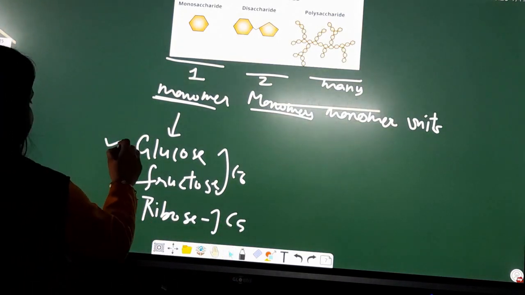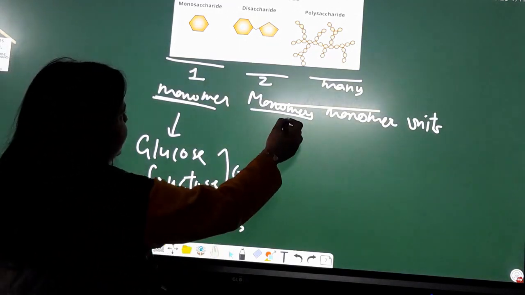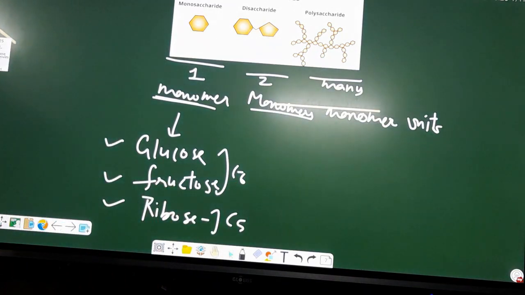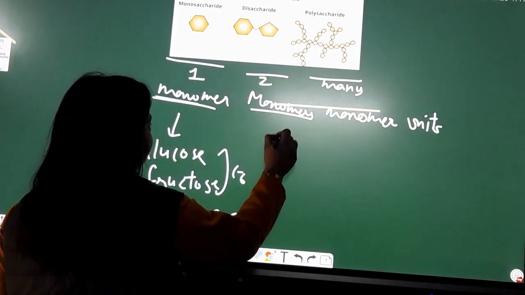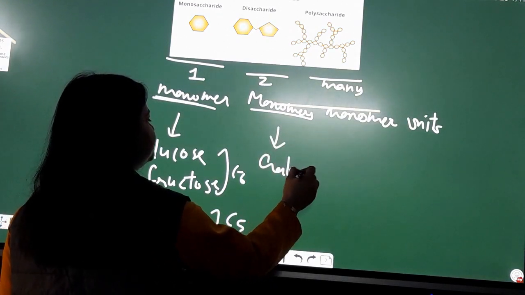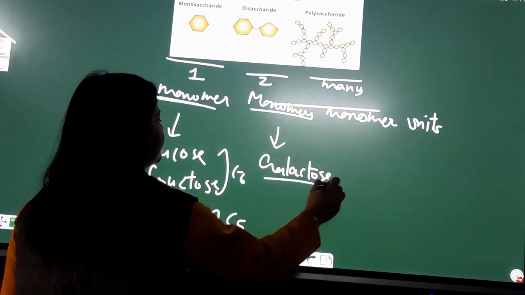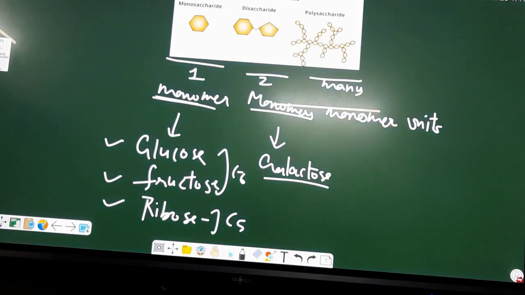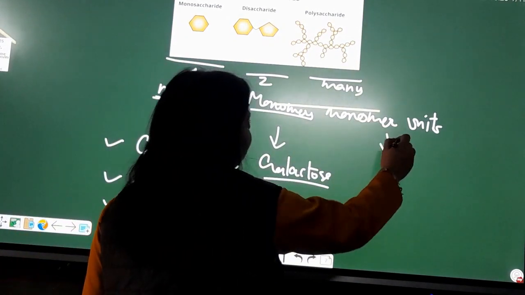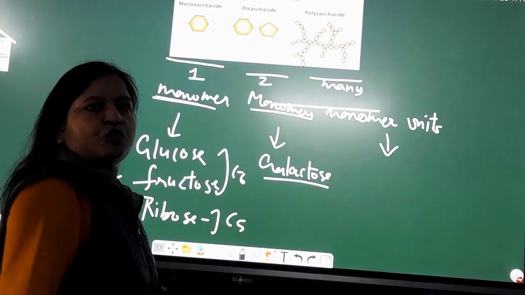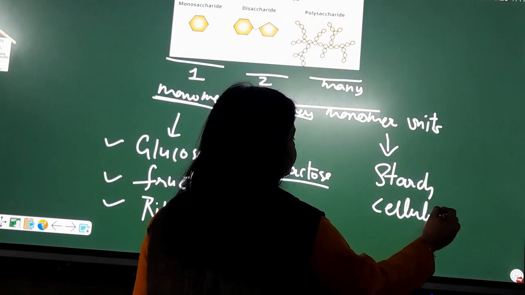So these are the monosaccharides. In disaccharides, 2 monomer units are there, for example galactose. In polysaccharides, there are many monomer units, many glucose units present, and the examples are starch and cellulose.